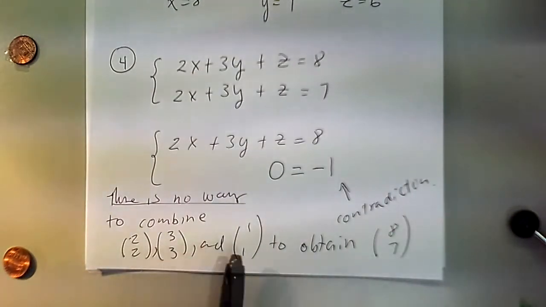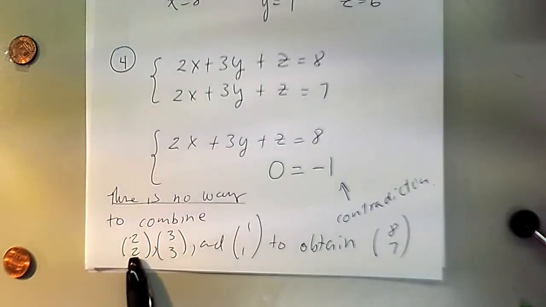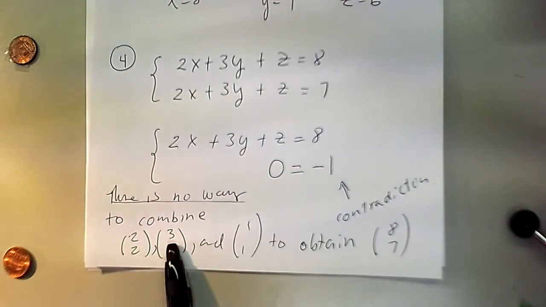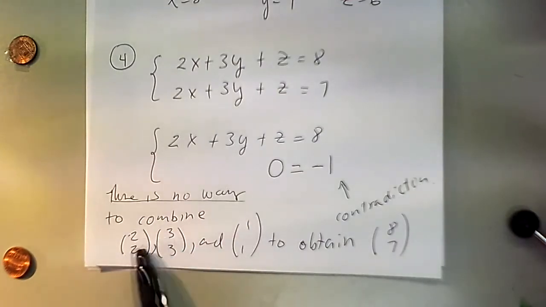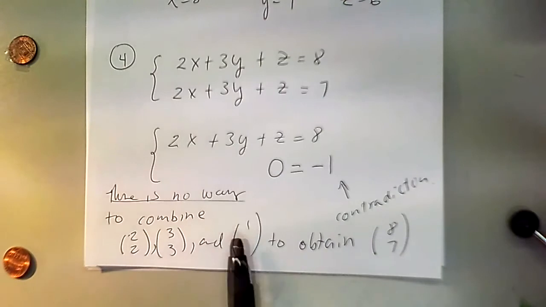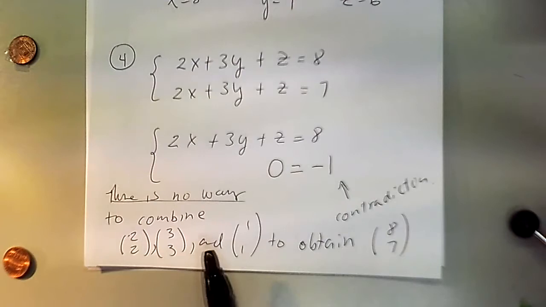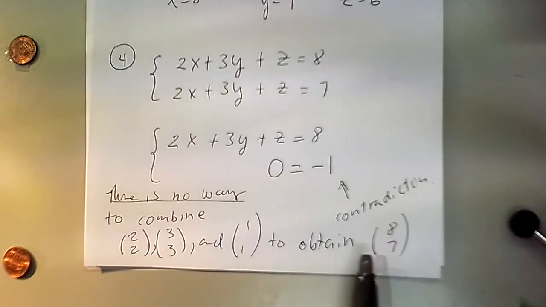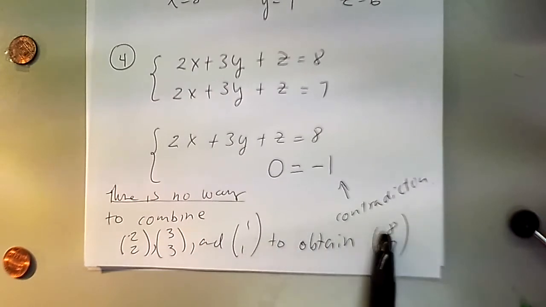Think about that. Actually, this is redundant because twice this gives us that. This is redundant because 3 times this one gives us that. So those two can be eliminated. All we need is this one. So 1, 1 is sufficient to generate those two. So that is sufficient for anything for any linear combination of the 3. But there's no way we can get 8, 7 using only this vector. We cannot get 8, 7.